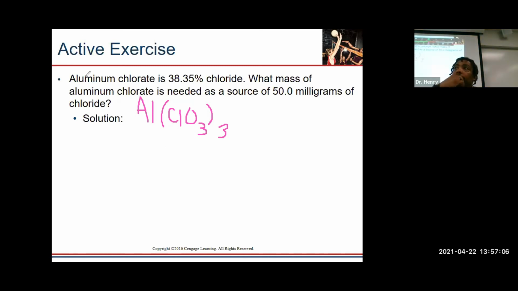And we know that aluminum chlorate is 38.35% chloride.